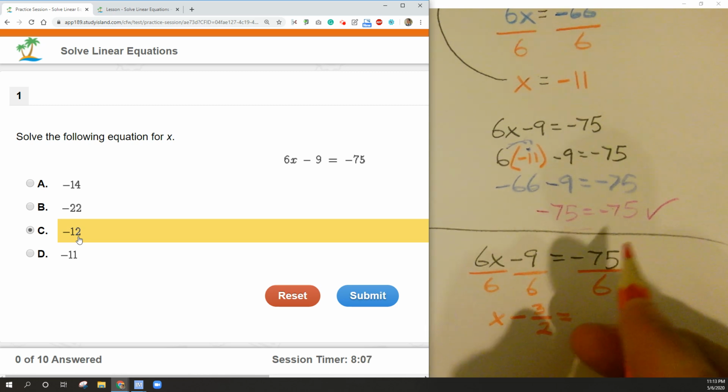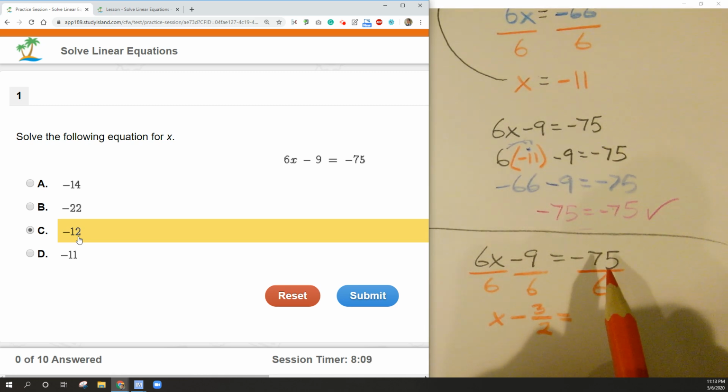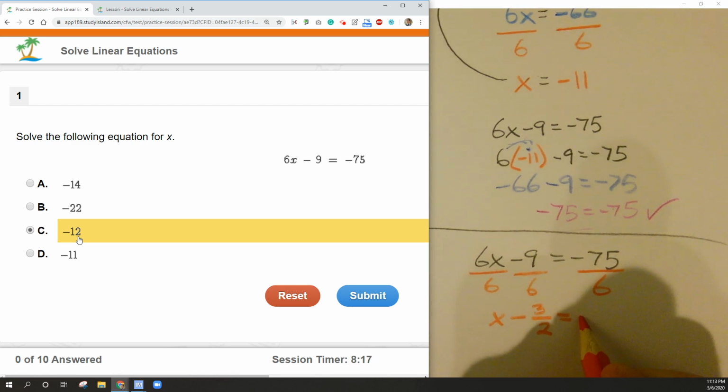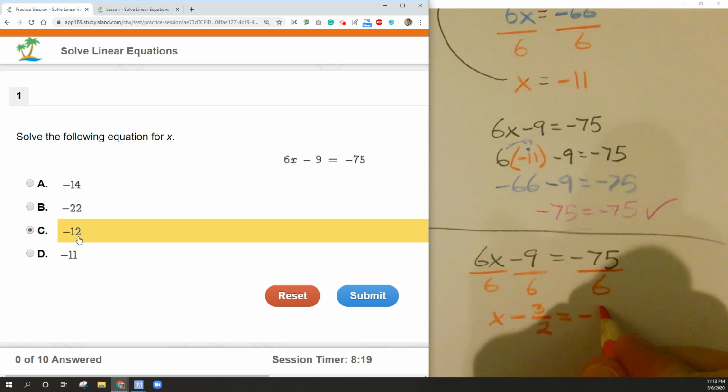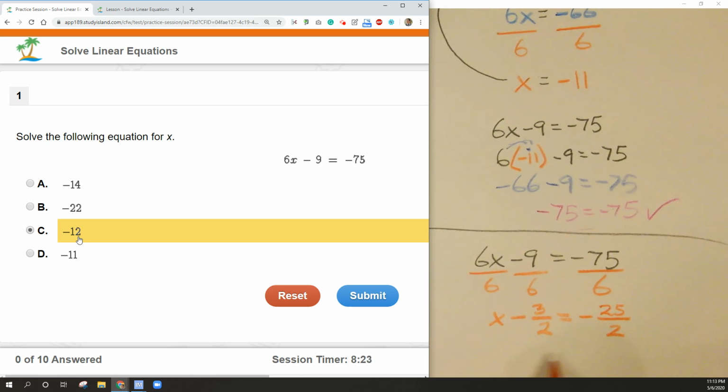And that is equal to negative 75 divided by 6, which negative 75 sixths can simplify because 75 and 6 both divide by 3. So that becomes negative 25 halves. So this is true, and I could continue to solve this equation, but I've got these fractions to deal with. Is that fun?